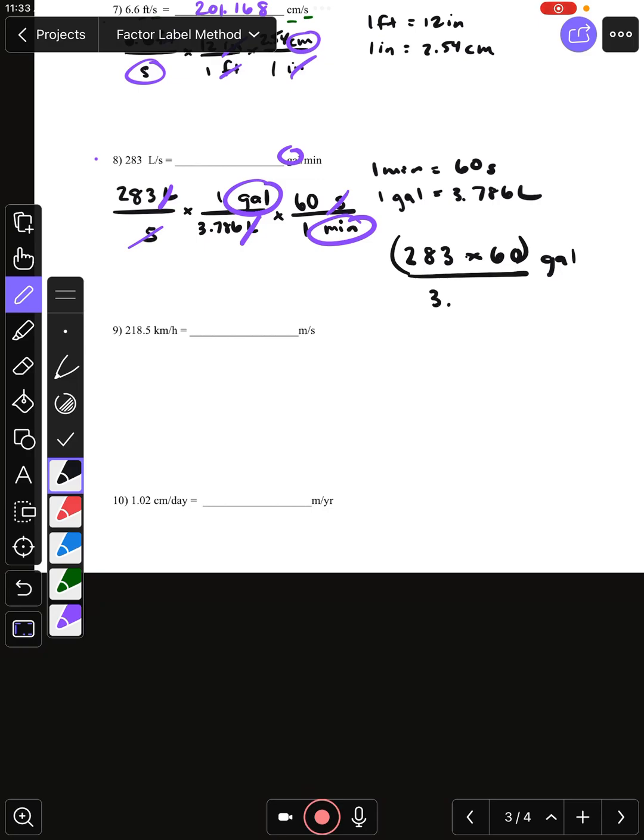And in the denominator, I have 3.786, and that is minutes, are the only unit left. So 283 times 60 divided by 3.786 is equal to 4,484.9444532. That's right for right now. I'm just going to round that to 4485 gallons per minute, but however much you kept is fine.